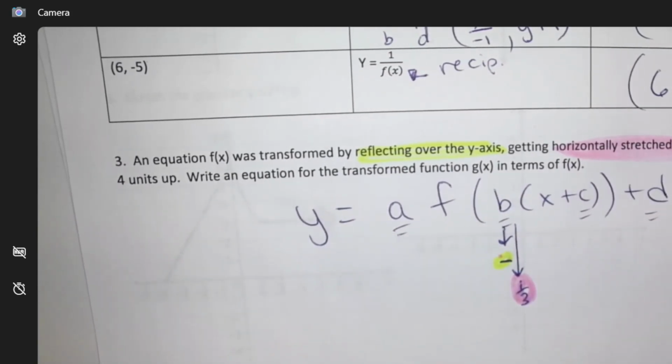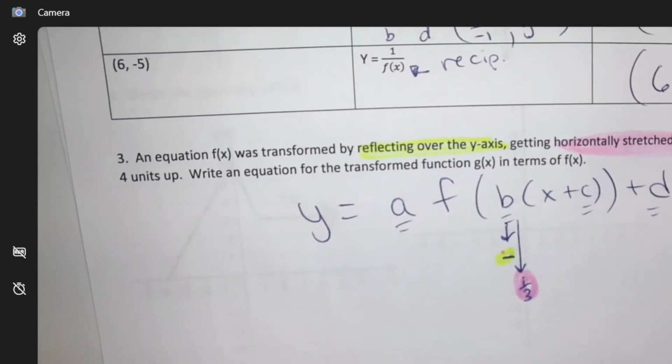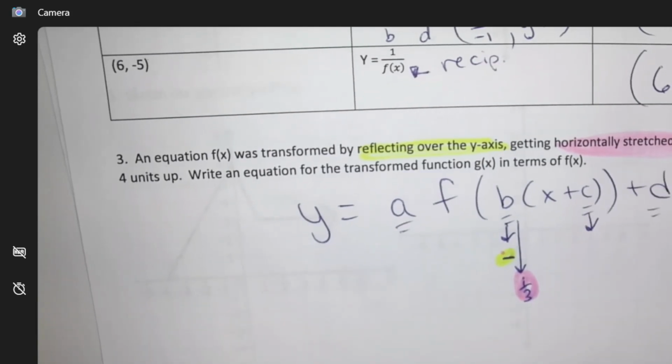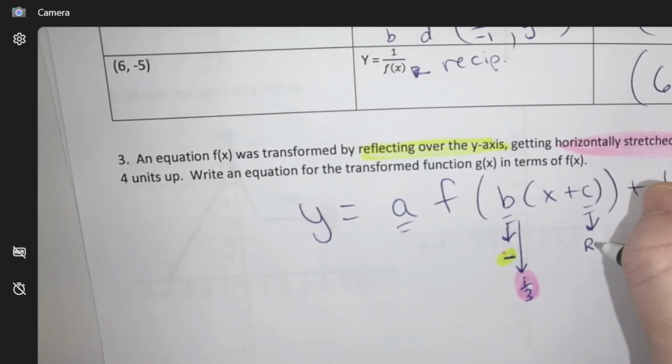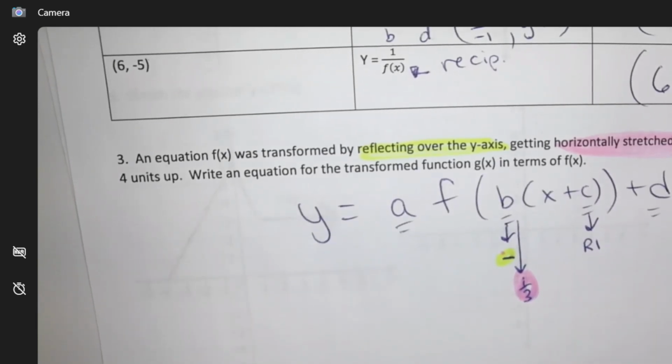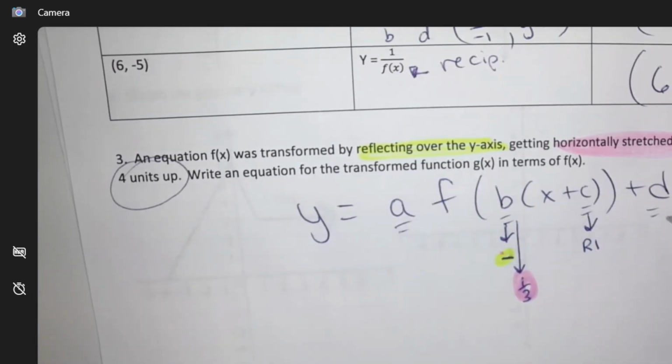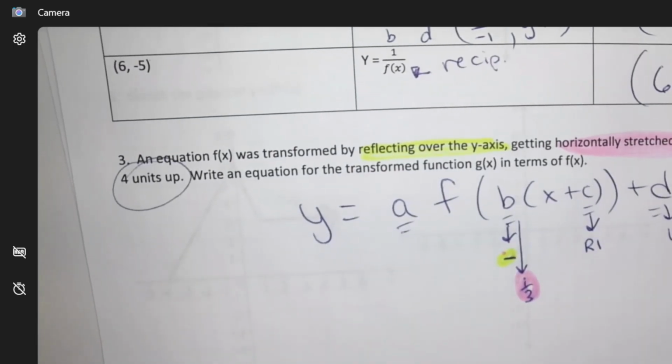Okay, so next we're shifting 1 right. So which letter does that go to? That would be the C. We need to be right 1. And 4 units up. So that would be the D part.